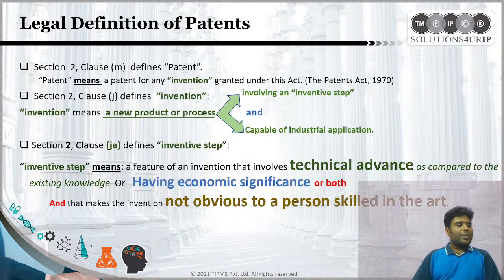People start getting confused with the subsection numbers and say, oh my god, I cannot remember the sections and subsections. But that is not required at all to pass any legal exam. Only the section numbers are required. And then you have to explain what is given in the section in your own understanding.